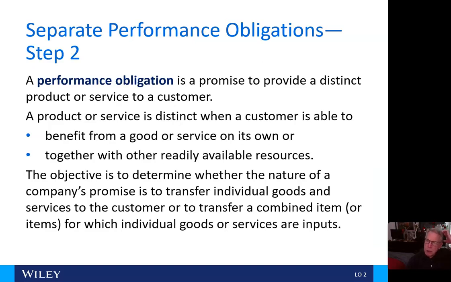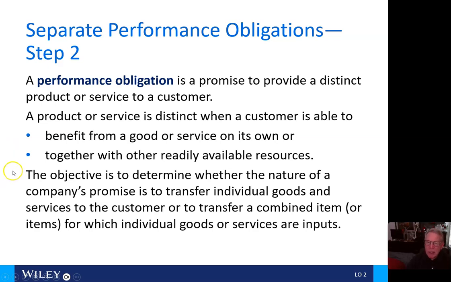All right, step 2. A performance obligation is a promise to provide a distinct product or service to a customer. A product or service is distinct when a customer is able to, one, benefit from a good or service on its own, or two, together with other readily available resources.